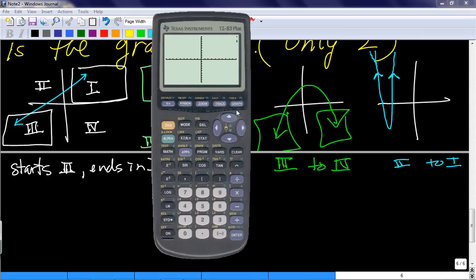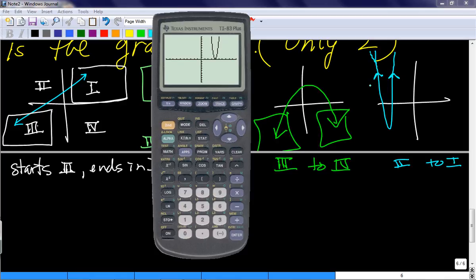What does that look like? Okay, check this one out. You see this? If you saw this on your calculator screen, you might say, hey, both ends are in quadrant 1.